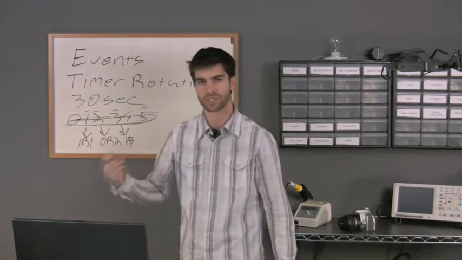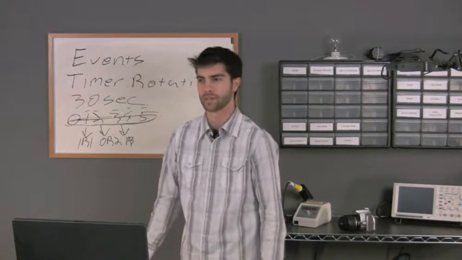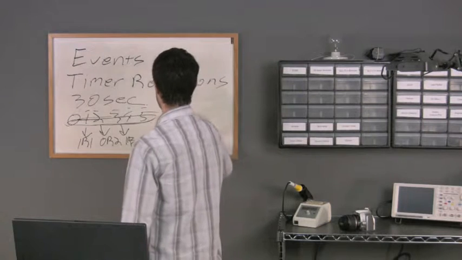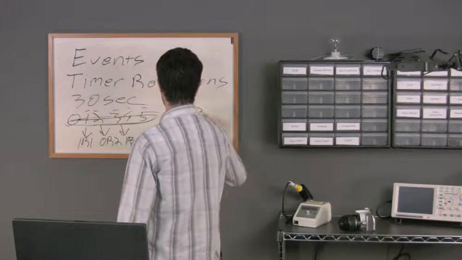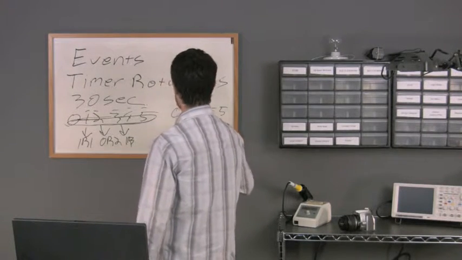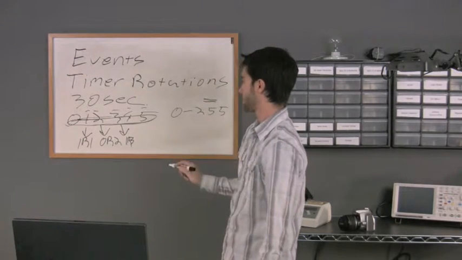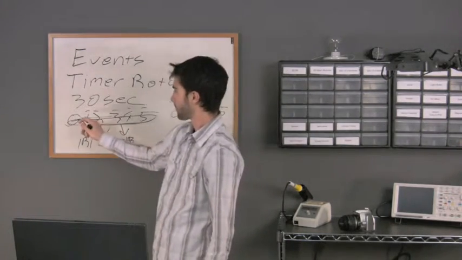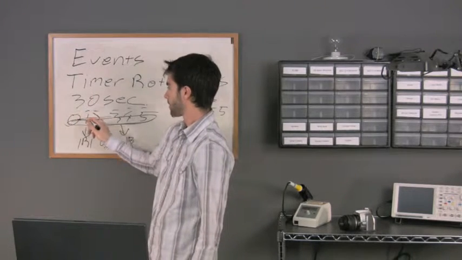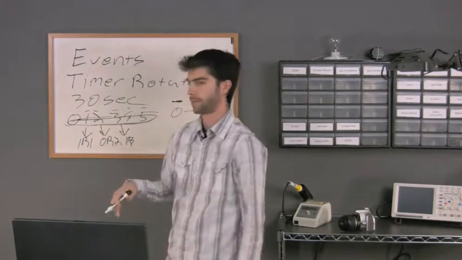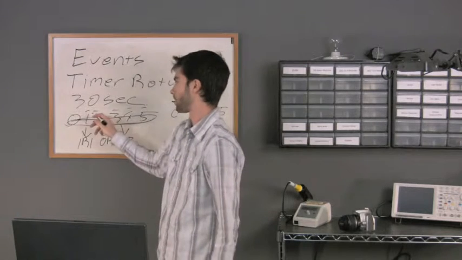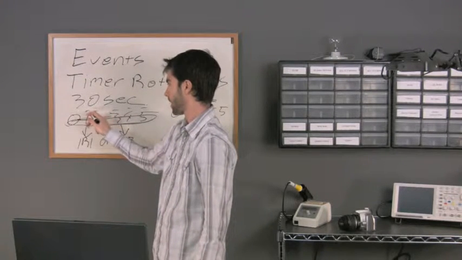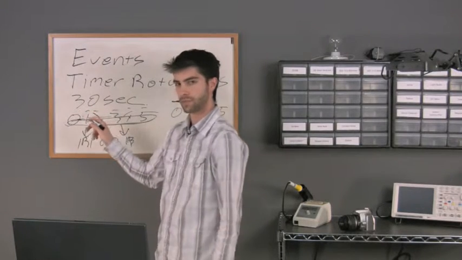If I just start this, it's going to go really fast, because by default it's going to go as fast as possible. You can set the speed on a scale from 0 to 255. 255 being as fast as it can go and 0 being as slow as it can go. So whenever it gets to 1, if I want it to hold that relay on for a long time, I would set it to 0. And then it's going to wait on count 1, and it's going to move to step 2.